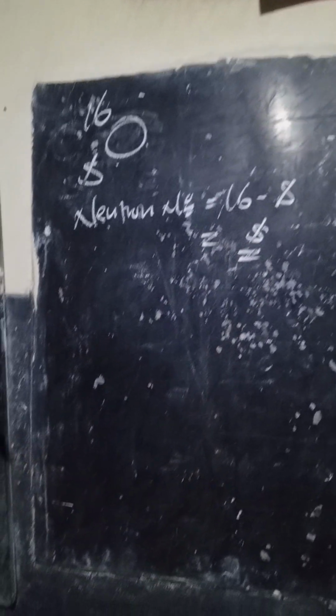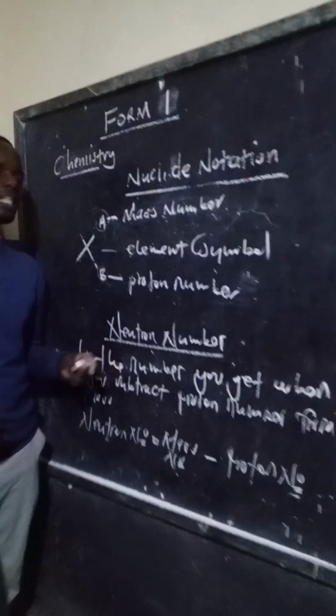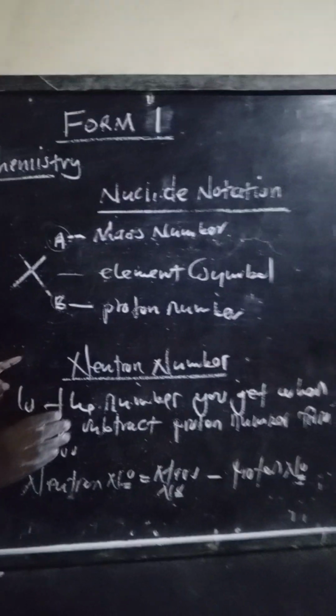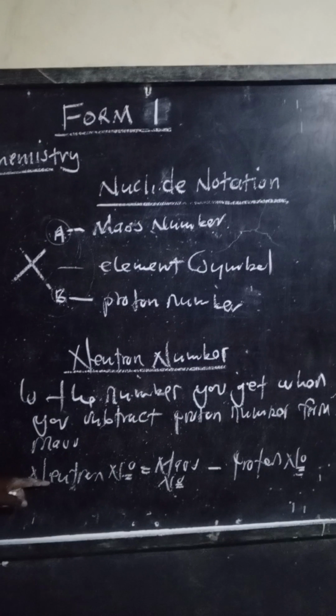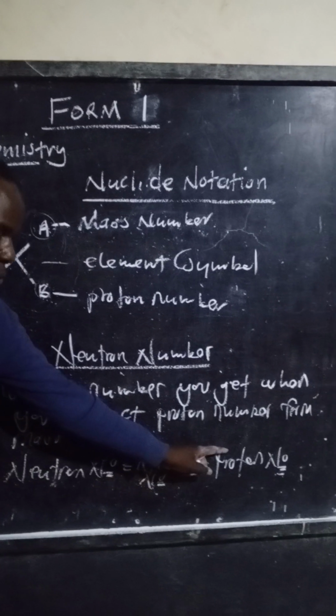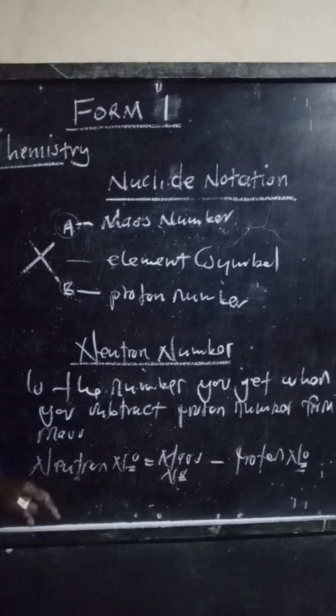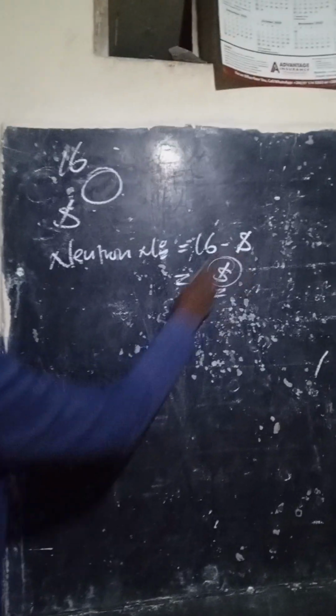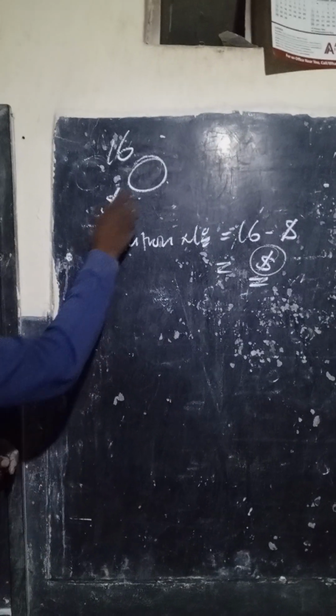Now let's go back. Now we see what is the definition of this mass number. From whatever we have solved, since we said for us to find this one, we need to do this one minus this one, the answer we're getting is what we call the neutron number. So this is our neutron number. Then this is our proton number.